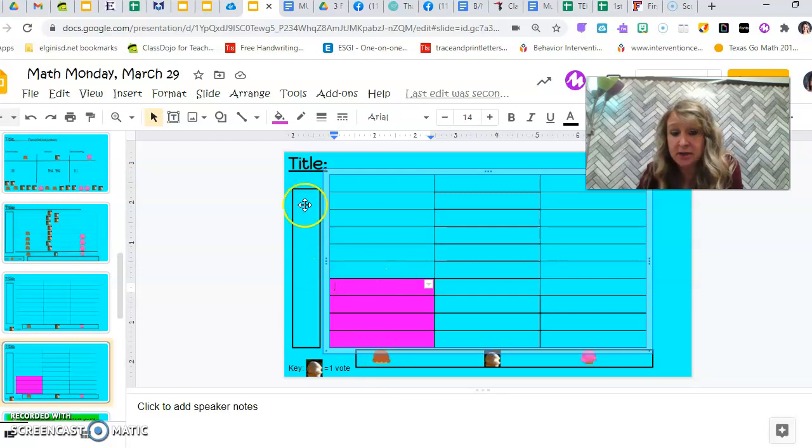Okay? So that's your label over here, student votes or students. Your title, remember, what is this a graph of? Is this going to be your favorite animal? Your favorite color? No, these are our favorite ice cream. That's right.